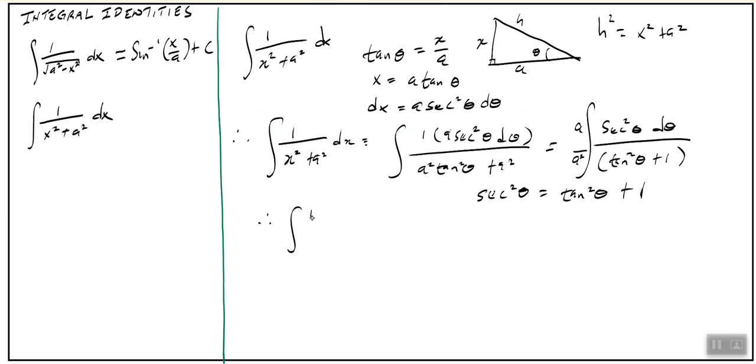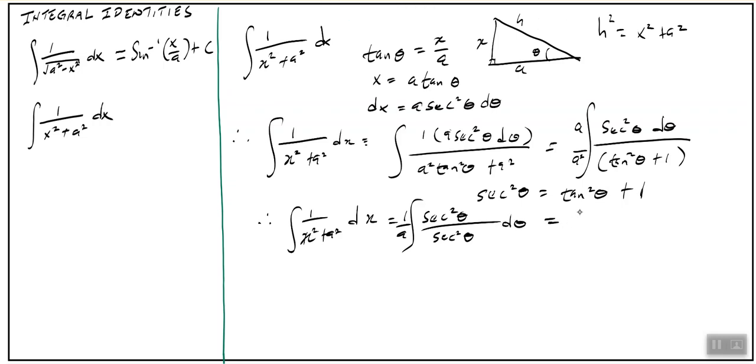Therefore, our integral is the same as a divided by a squared, which is 1 over a, and then we have secant squared theta divided by the same thing, because if we replace this, we have secant squared theta here also.